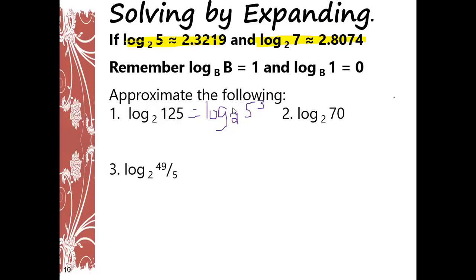and I chose 5 because I have a decimal approximation for that number. Then I'm going to pull my power down to the front, and then I'm going to substitute in the decimal approximation.